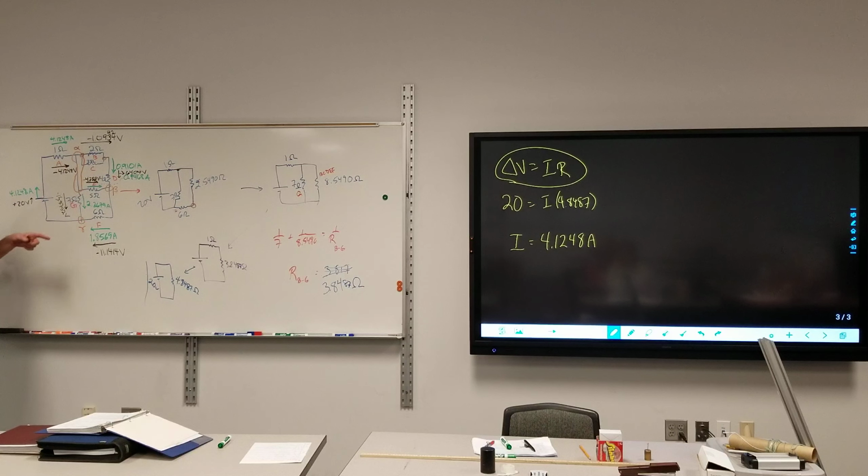Yeah, I did that one. So you did this way? Yeah. Let's go with 4.2. Parenthetically. So what is the current flowing across here?